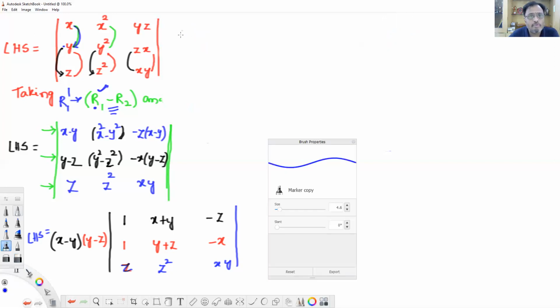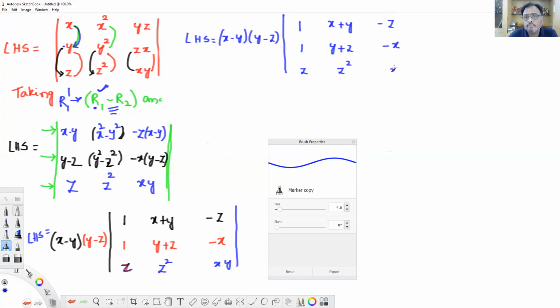LHS is equal to X minus Y into Y minus Z, and one more surgery I'm going to do on the determinant: 1, X plus Y minus Z, be cautious, and 1, Y plus Z, minus X, and Z square, XY.